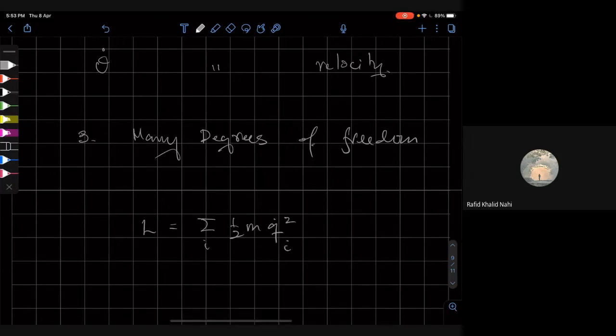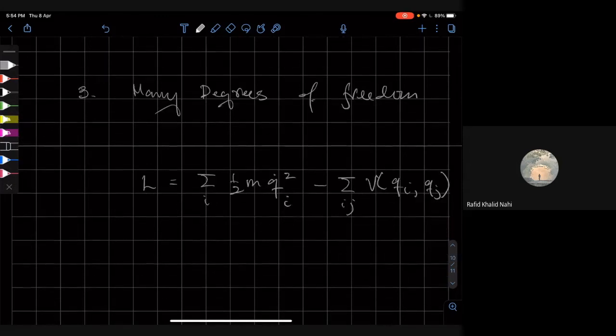So q_i are the positions, so these are the kinetic terms, and then there's the potential. And the potential can involve the interaction between different particles, right? So this can contain a lot of interaction.